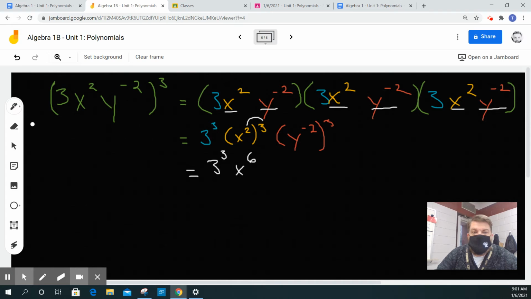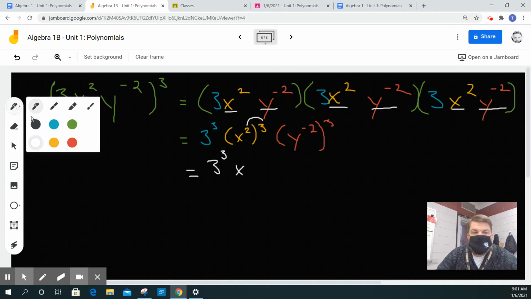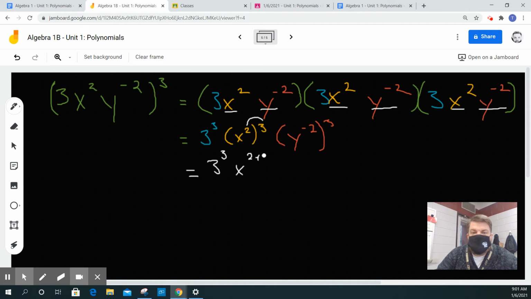Let me show you what I'm doing here, because I think I'm confusing some of you guys. This is going to be 2 plus 2 plus 2. This is going to be y to the negative 2 minus 2 minus 2.